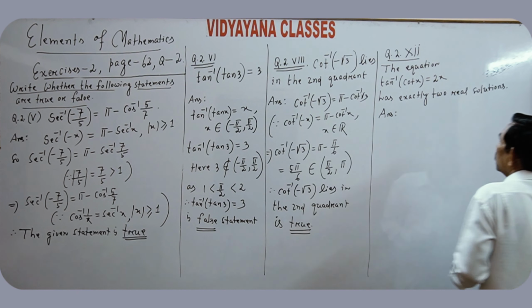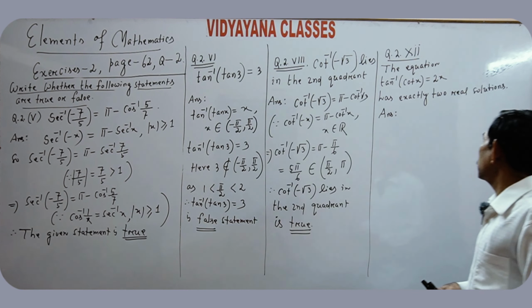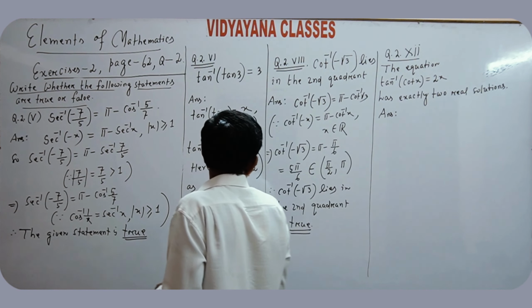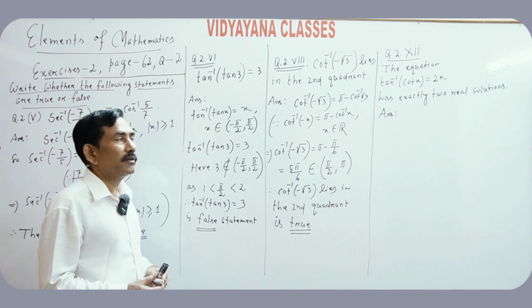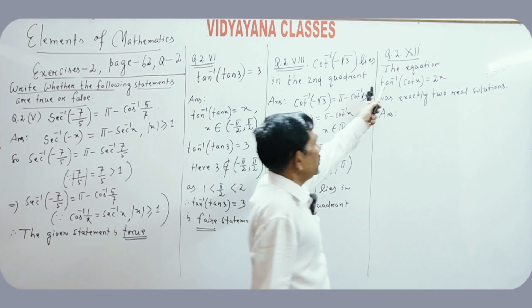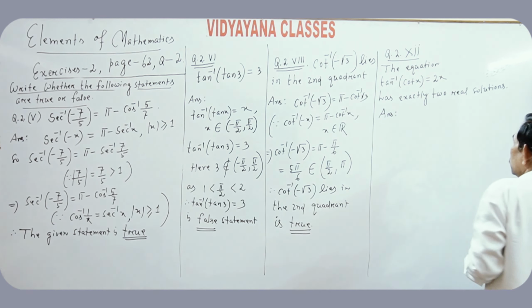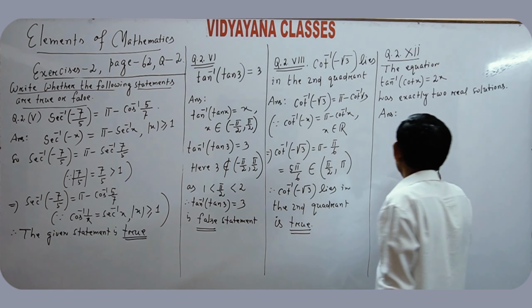Next, question number 2, 12th bit. The equation tan inverse cot x is equal to 2x has exactly two real solutions.